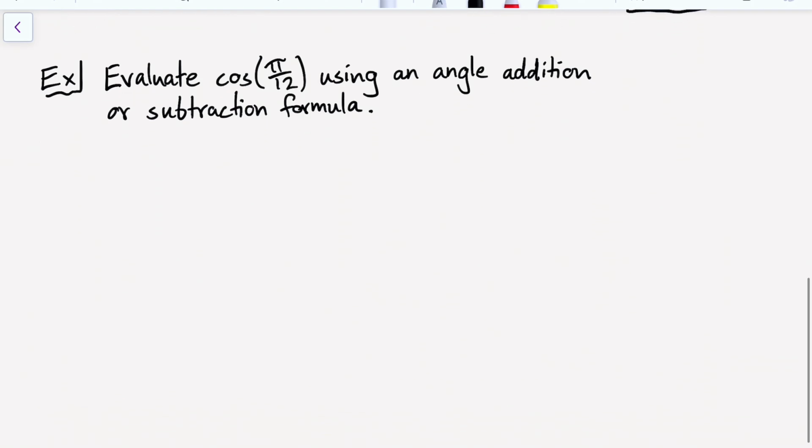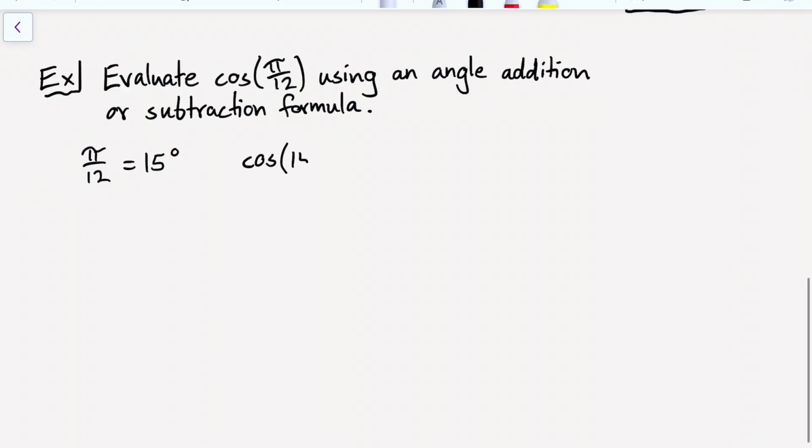In our second example, I would like to find the cosine of pi over 12 using angle addition or subtraction. It may help first to remember that pi over 12 is the same as 15 degrees. Sometimes it's easier to determine how to do this addition or subtraction if I convert to degree measure.